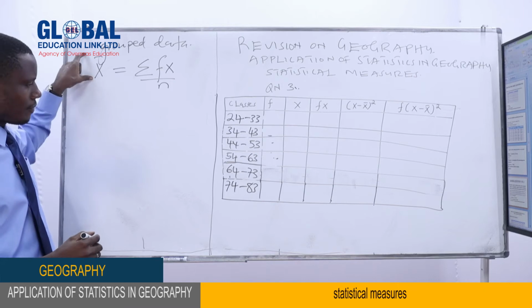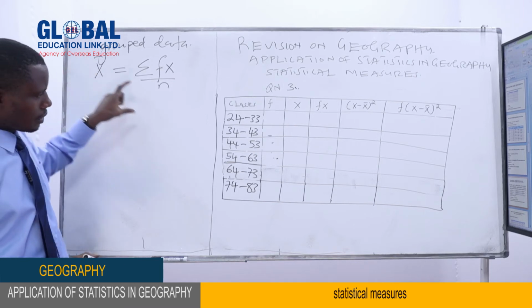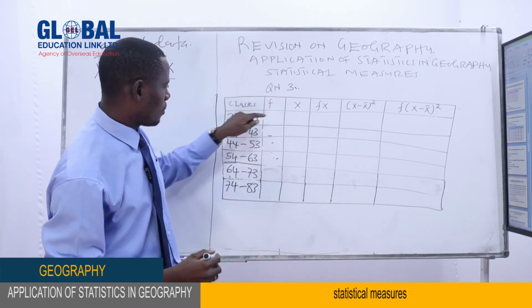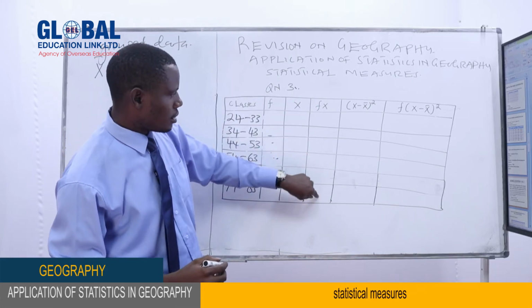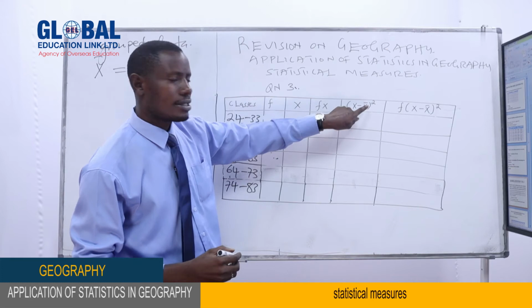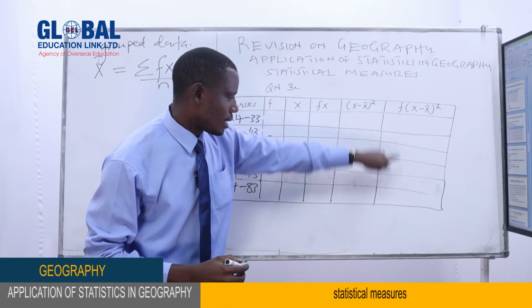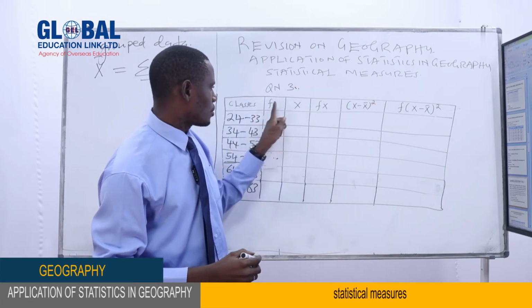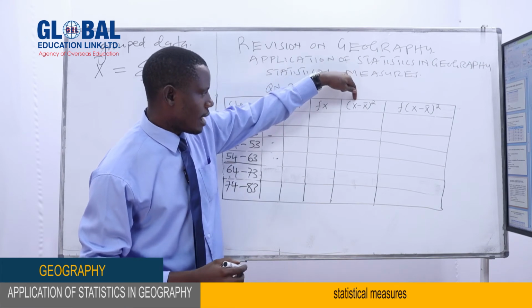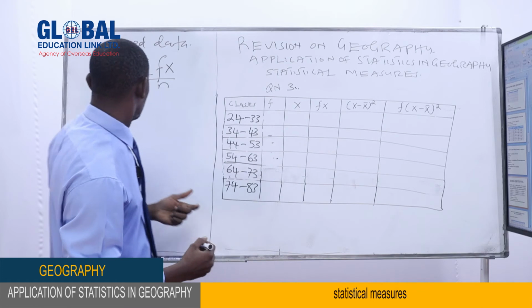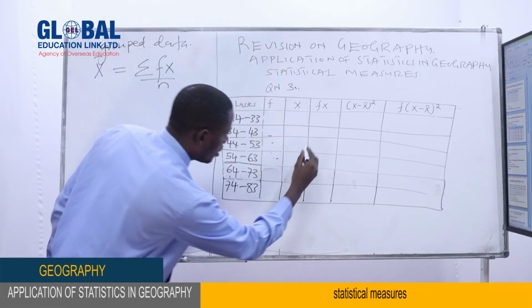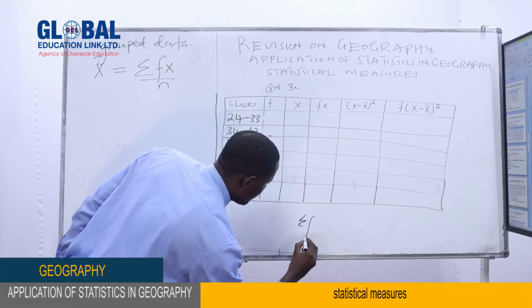Remember we have established the columns: the first column is f, the frequency, then x, then fx, then x minus x bar squared, and the last one will be the frequency times the bracket x minus the mean squared.